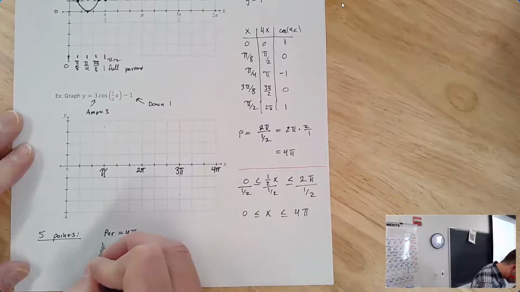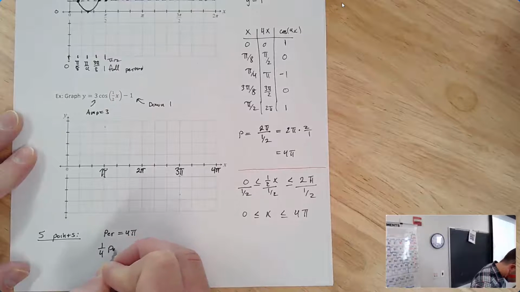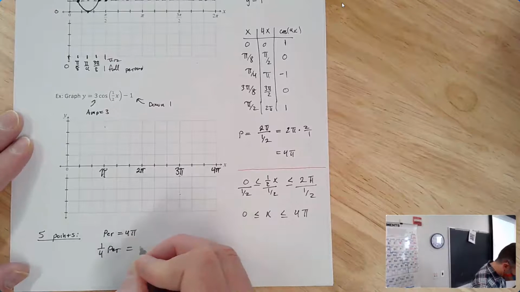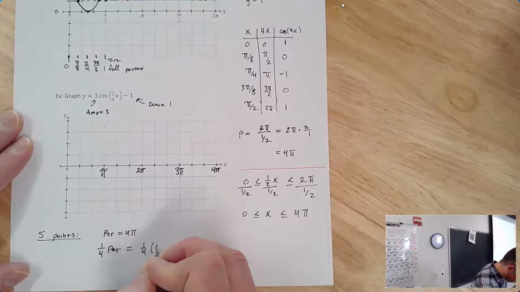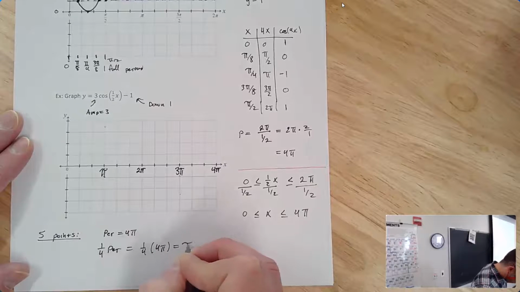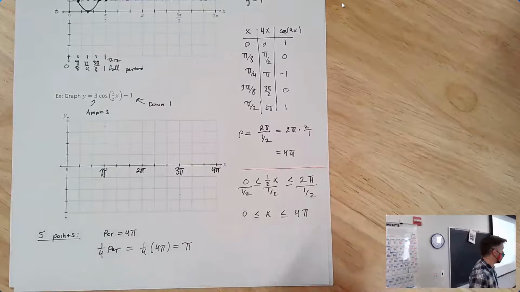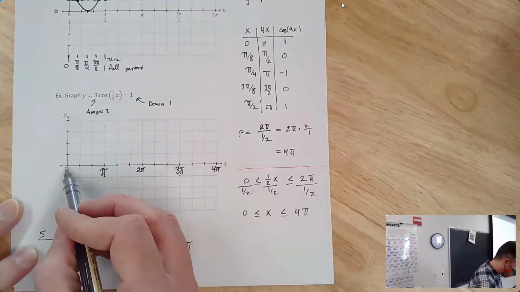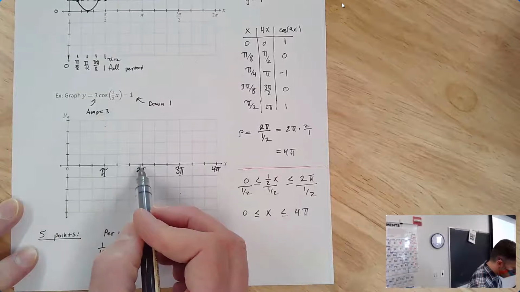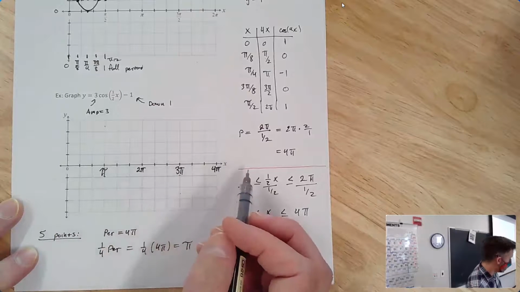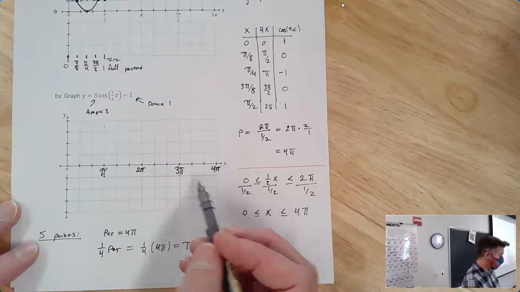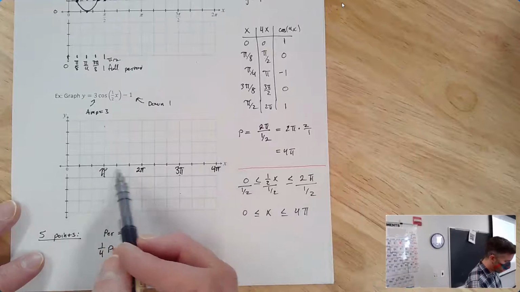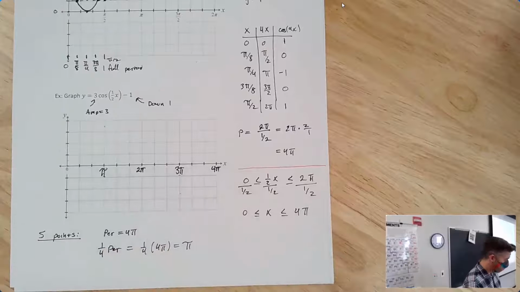So if I take 1/4 of my period, which is very easy to calculate here, it's 1/4 times 4 pi, which is just pi. I get the beginning of a new quadrant after pi. So my first quadrant starts at 0, and then my next quadrant starts at pi, and then at 2 pi, and then at 3 pi, and then at 4 pi. So these are my 5 important points: 0, pi, 2 pi, 3 pi, and 4 pi.